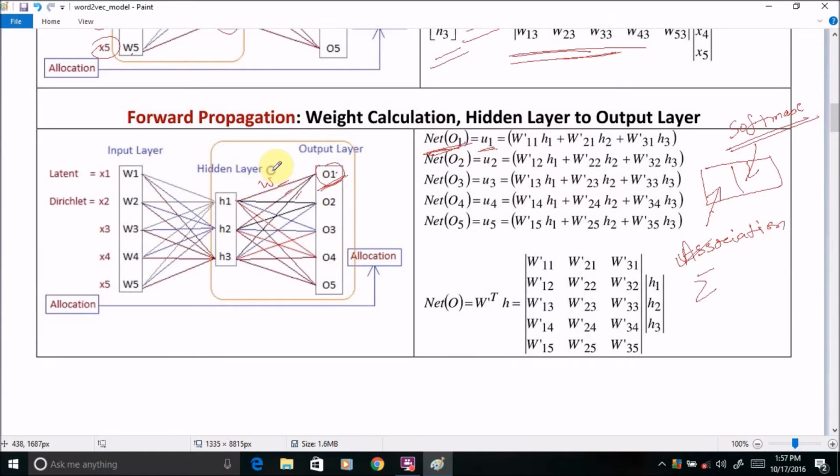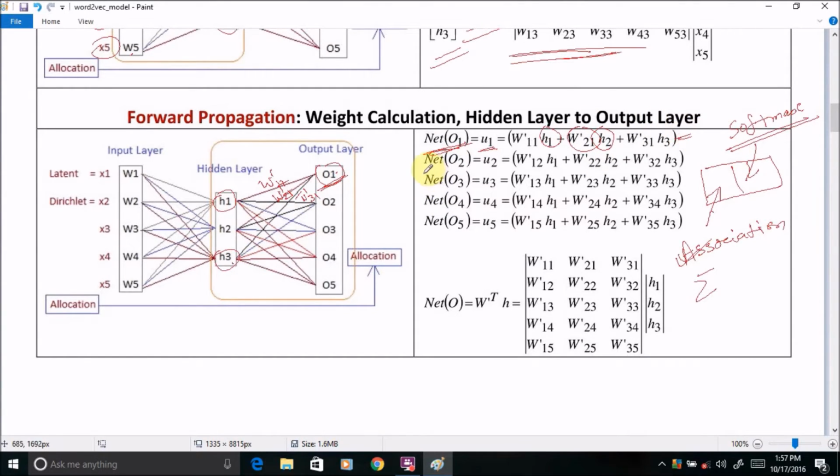It is the weight of the neuron from H1 to O1 into the score of hidden layer node H1, plus the weight of the neuron from H2 to O1 into the score of hidden layer node H2, plus the weight of the neuron from H3 to O1, which is W-31, into the score of hidden layer node H3.